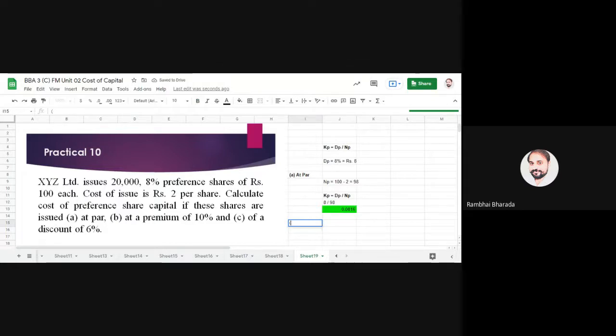Now B, at a premium of how many percentage? 10%. So whenever we have a premium, Np is equal to 100 plus premium. If we have premium, then we need to add the premium. 100 plus 10 minus issue expense rupees 2 is equal to 108.